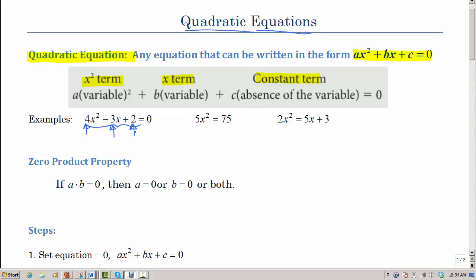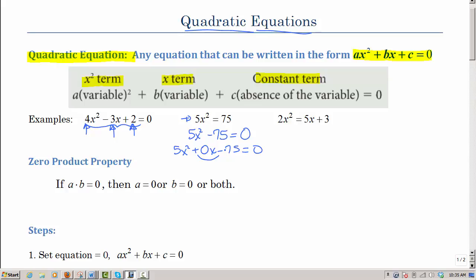It's in standard form. Now this one is not equal to 0, but if I subtracted 75 from both sides, setting it equal to 0, the only thing that it's missing is really the x term. And that's okay if it's missing something.